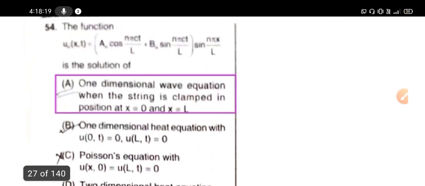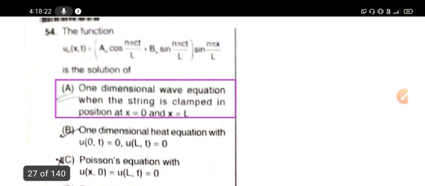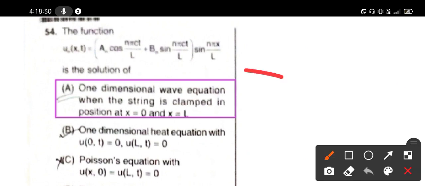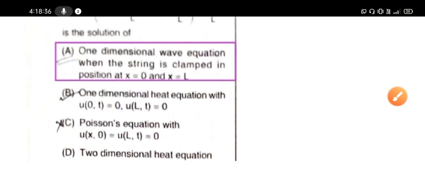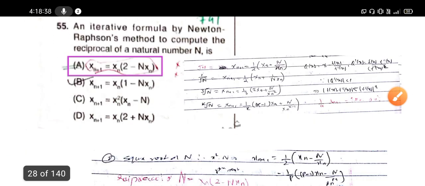Next question, the function u(x, t) with an cos and bn sin is given as the solution of the one dimensional wave equation when the string is clamped at x equal to 0 and x equal to L. Option A is correct. An iterative formula by the Newton-Raphson method to compute the reciprocal of a natural number.